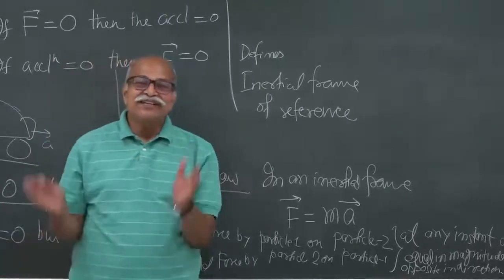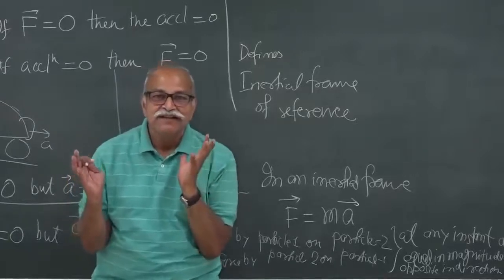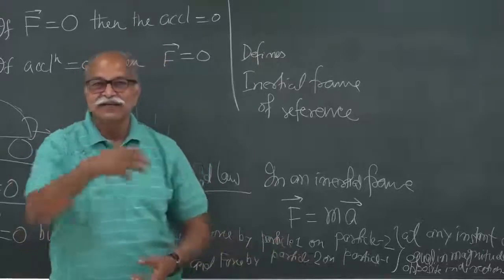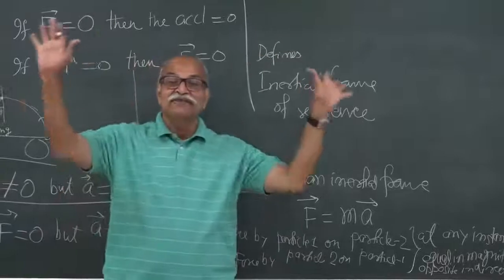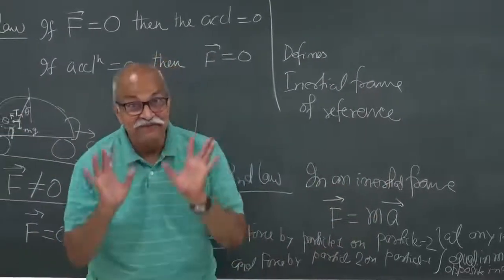But that short, crisp, very simple, beautiful statement of Newton's third law, every action has an equal and opposite reaction, has caused a lot of confusion in the interpretation of Newton's third law.